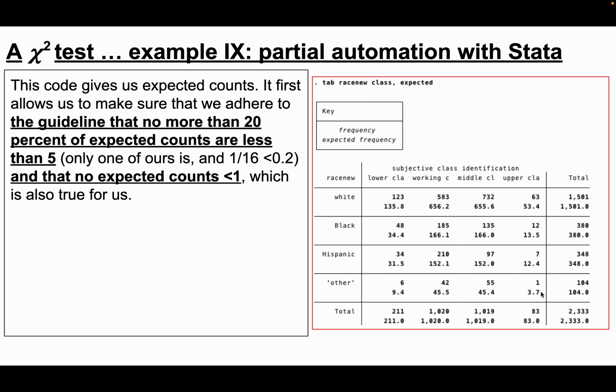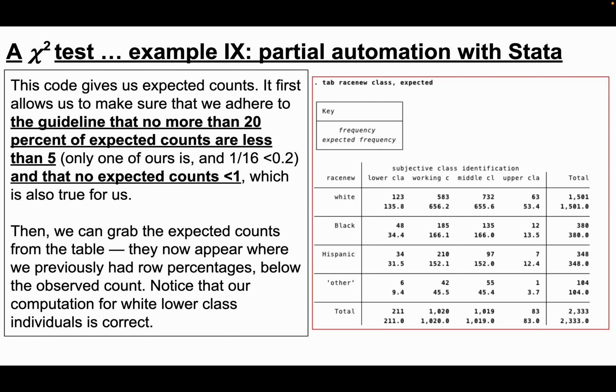If we look at our expected counts, only 1 is less than 5. So we're good there because this is 1 out of 16 cells, and 1 in 16 is less than 0.2. And no expected count is less than 1, which is also true. These are known as the Cochran rules, by the way, and they're kind of arbitrary, but you just have to deal with that. Then we can grab the expected counts from the table, and we could calculate a chi-square statistic by hand if we wanted, but I don't think we should do all the summing by hand. But what this lets us do is at least inspect the expected counts.